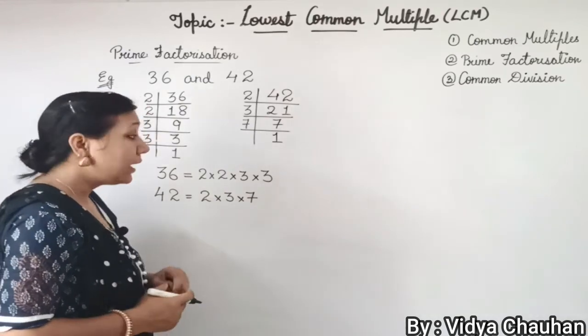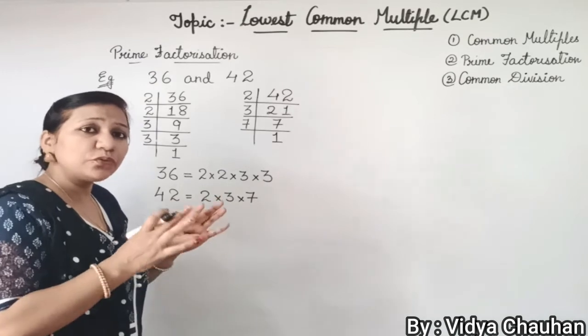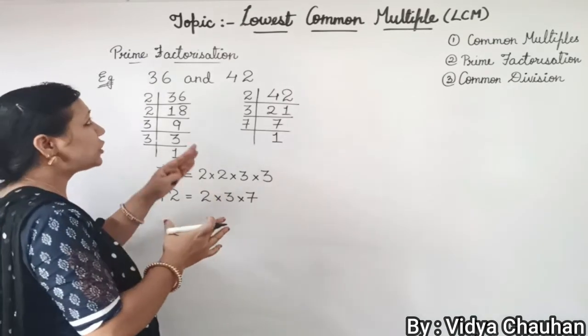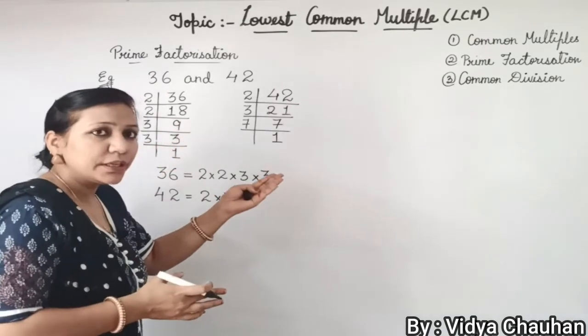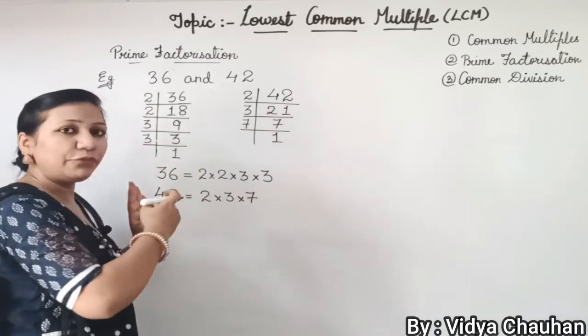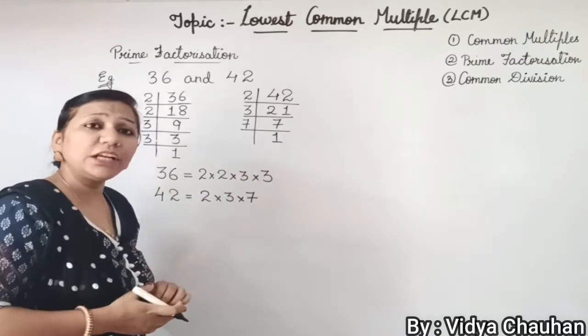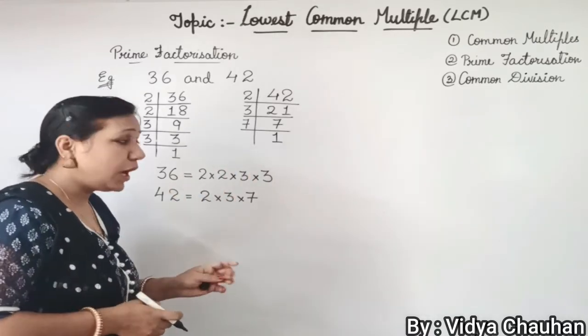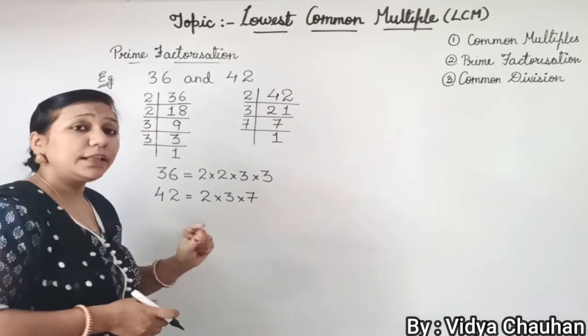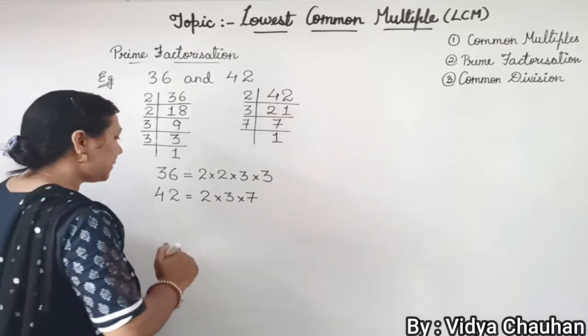Clear students? Till this step, the process is the same as in the prime factorization method of HCF. The same process you have to do when you have to find the LCM. Now at this last step, there is a difference between HCF and LCM.